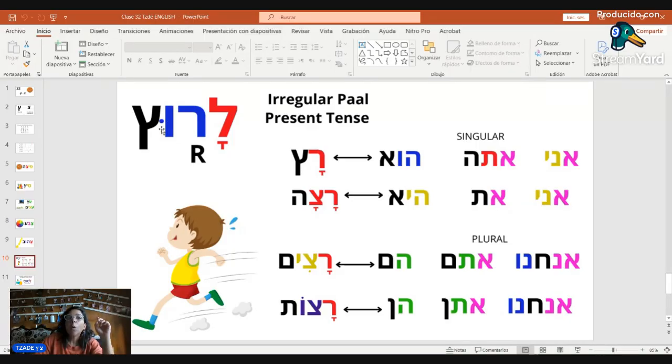Instead, it's u, la'rutz. It ends with u. So those are 2 big differences. Even though it's still a pa'al, because we see the vav in the same position as lilmod, it changed the vowel.